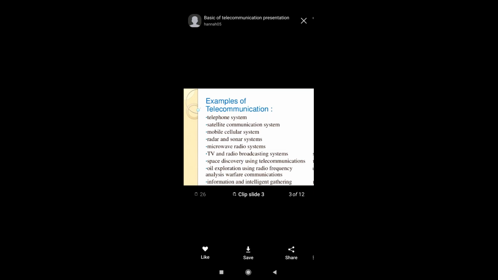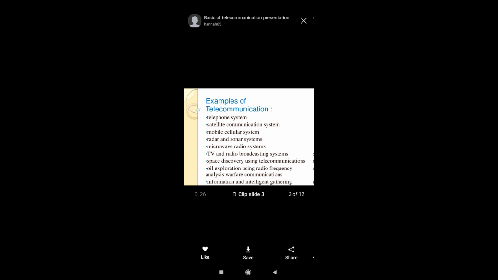Then the third one is the mobile cellular system. Then the fourth one is your radar and sonar systems. Then the fifth one is your microwave radio systems. That is question number 1.